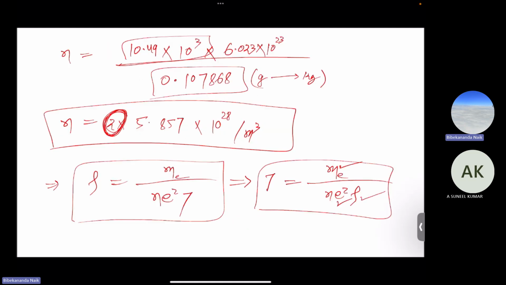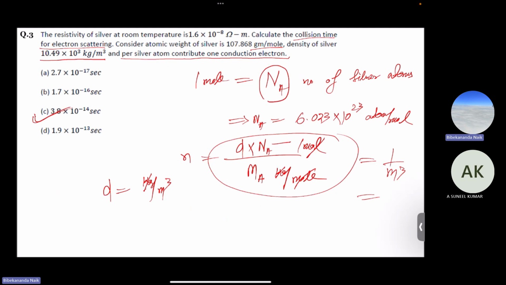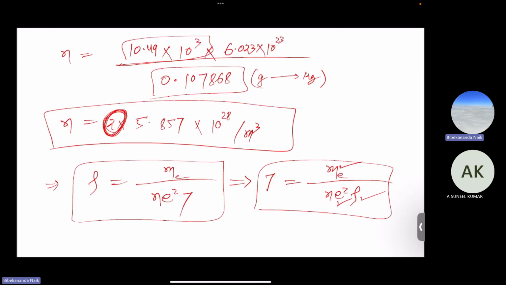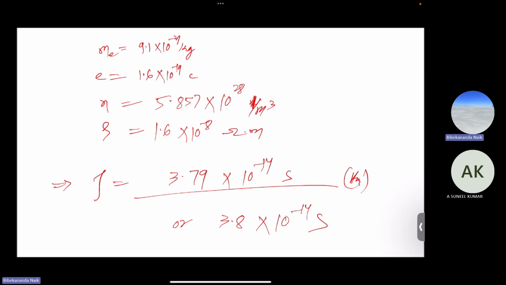Got it? So if two conduction electrons per silver atom were mentioned, the number density of electrons will be twice the number density of silver atoms. So in place of 5.857, we will put 2 into 5.857. Now is this clear to you?